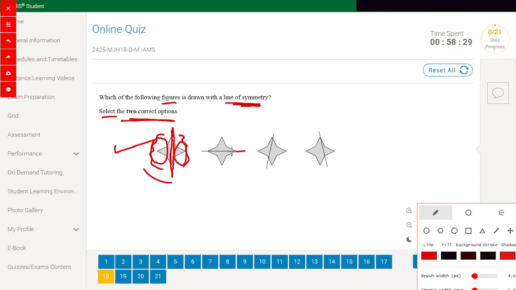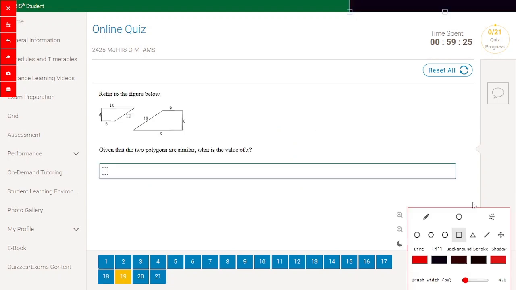This figure also, the line is cutting the shape into the same two halves. So this is the right one. This one, no. This side is bigger than this side, so there is no symmetry here. So wrong answer. And the same with the other side. There is no symmetry between these both sides, so this is a wrong answer also.